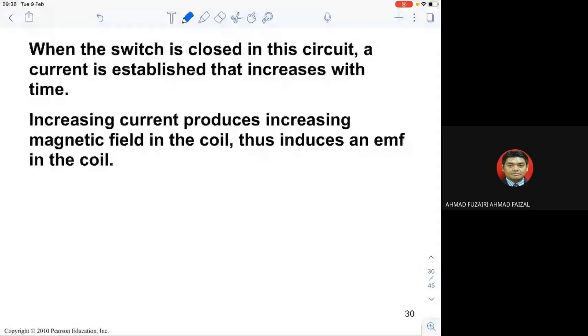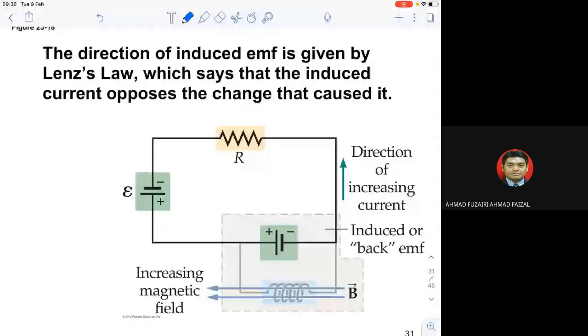So right now we want to learn about inductance. When the switch is closed in the circuit, a current is established that increases with time. The direction of the induced EMF is given by Lenz's law.